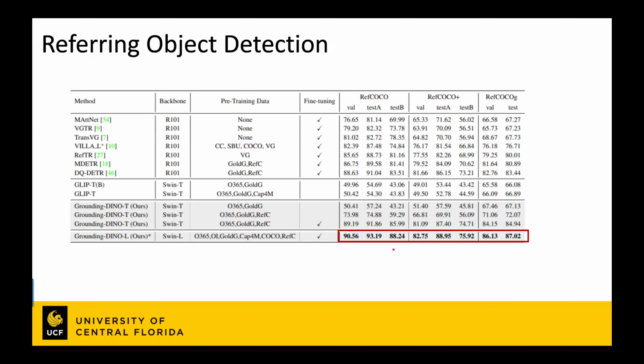So grounding DINO actually performs not that well when it comes to unseen REC data sets, but when we introduce additional pre-training data, the model greatly outperforms GLIP by almost 40 percentage points on val for RefCOCO and about 33 percentage points for RefCOCO plus.